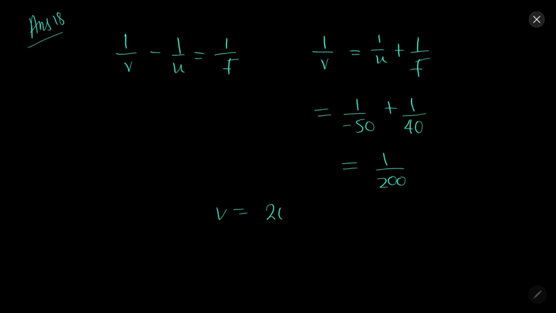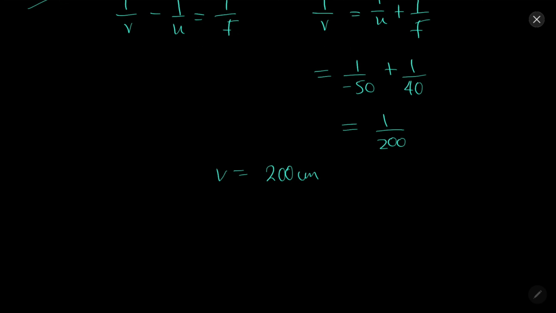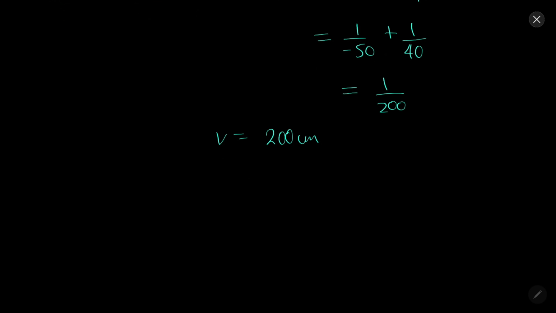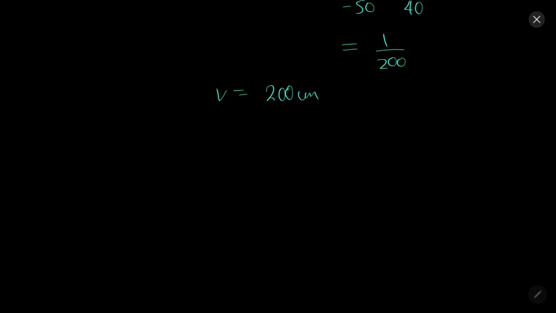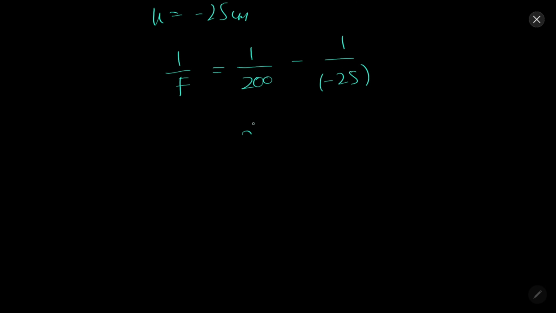So V will be 200 centimeters. And after that U will be minus 25 centimeter. So 1 by F equal to 1 by 200 minus 25. From here 1 by F will come out to be 4.5. So power will be 4.5 diopter.